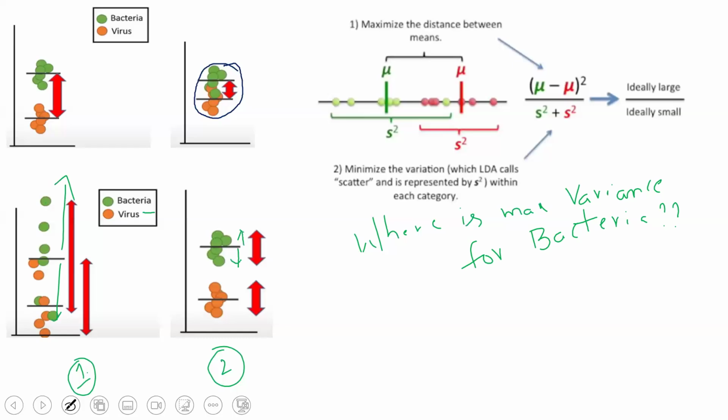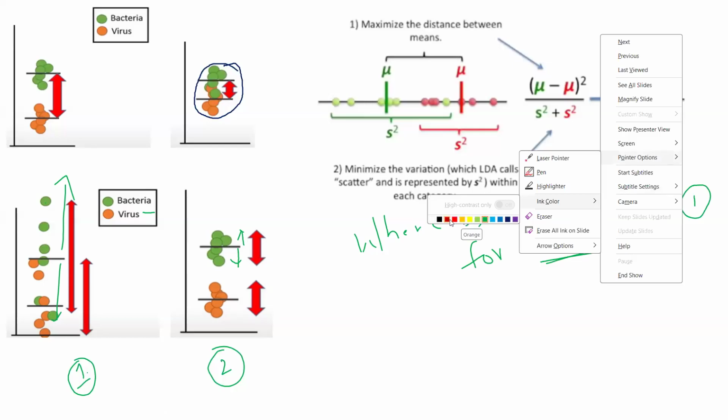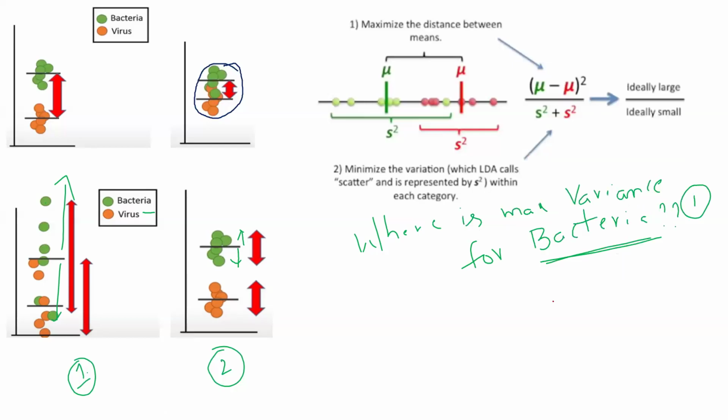So the variance is less in diagram 2 when compared to diagram 1. What about virus? Virus is also diagram 1. So for virus also the variance is more in diagram 1.